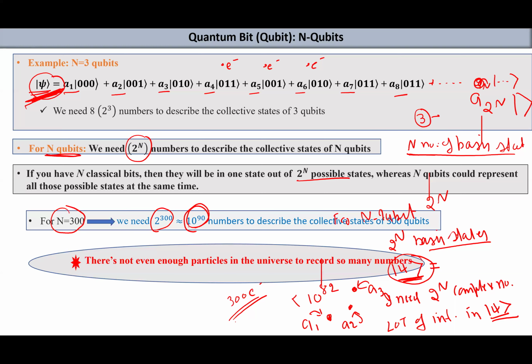I have the state of 300 qubits, and I want to encode each amplitude A1, A2, up to AN in one atom of the universe. Then you can easily see that there will be a scarcity of atoms in the universe to store the information regarding A1, A2, and AN.